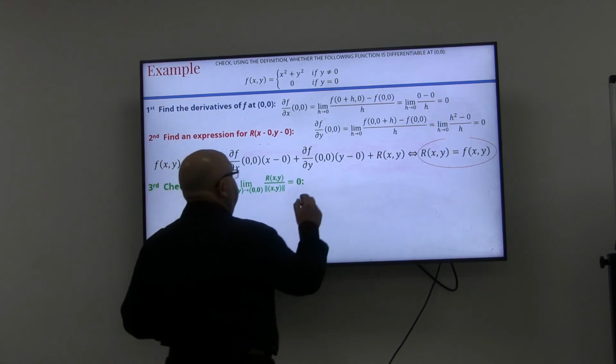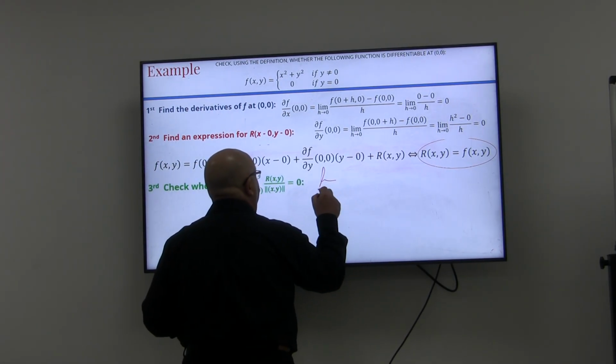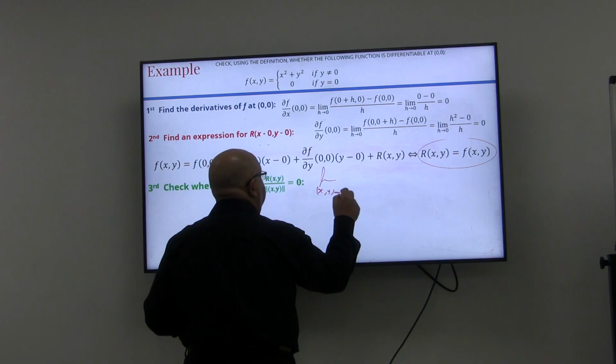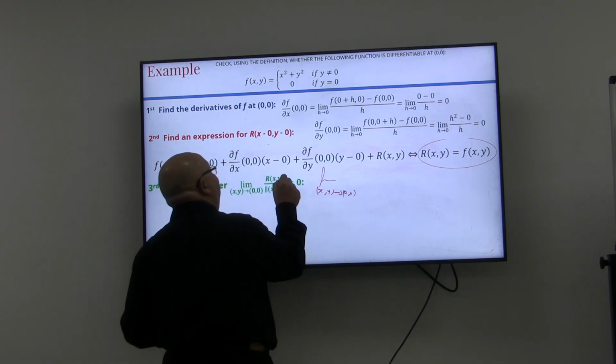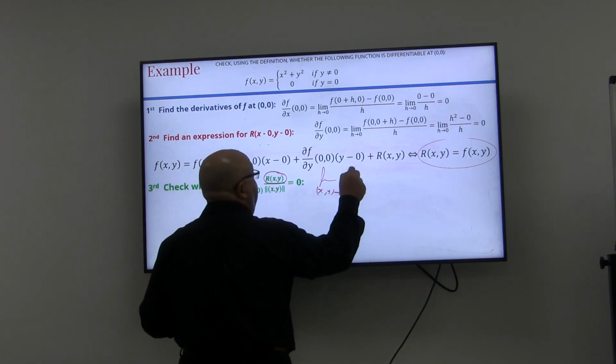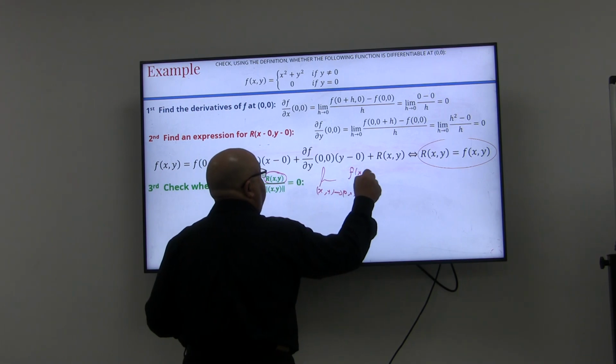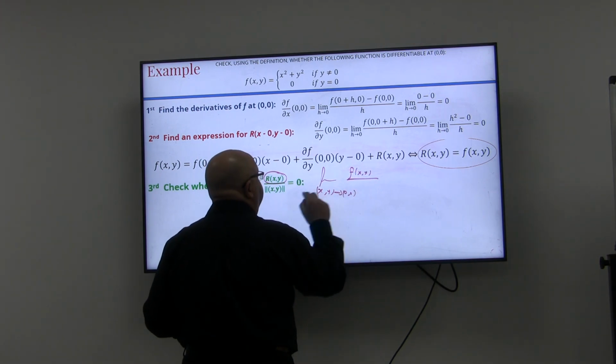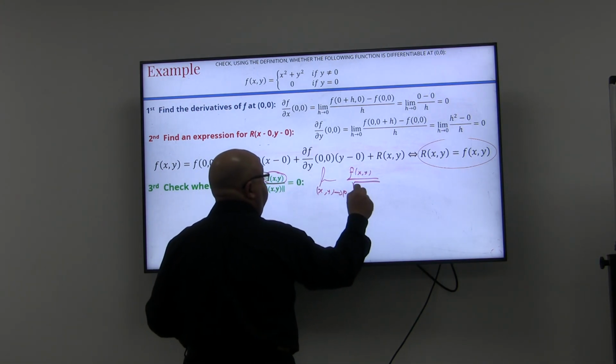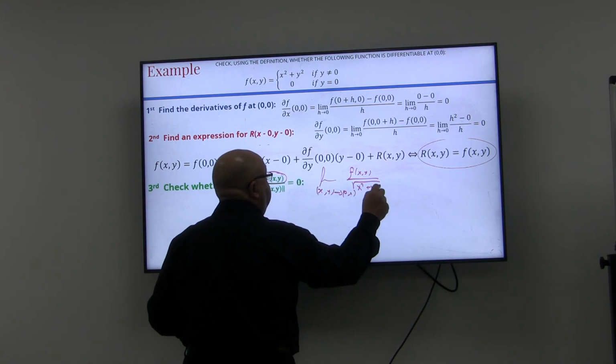It means that I will have the limit as (x,y) tends to the origin, replacing r by f of (x,y) divided by the norm of (x,y), which is simply the root of x squared plus y squared.